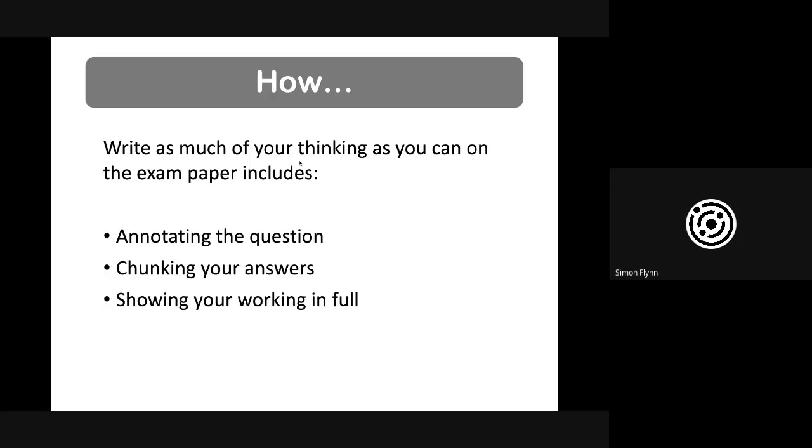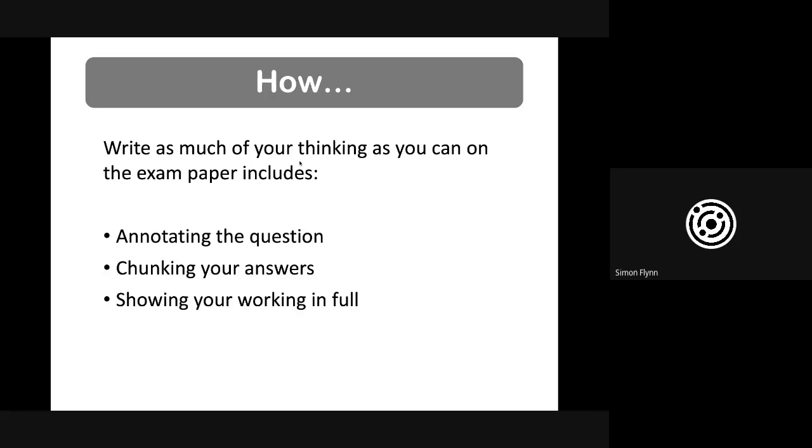This is the thing that I'm sure you have had teachers tell you right across the years, right across the subjects, and you've probably gone, yeah, but this works for me. All I can say is the reason for showing your working in full is to reduce the chance of making a mistake.